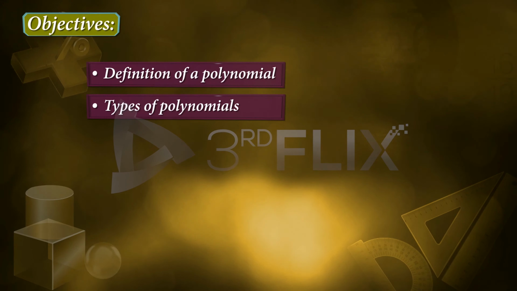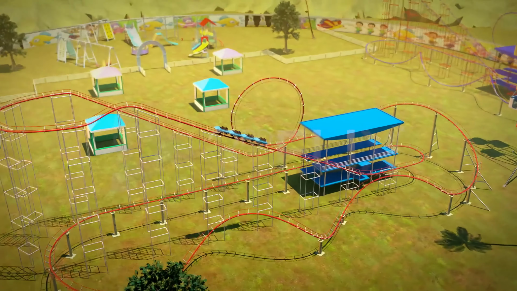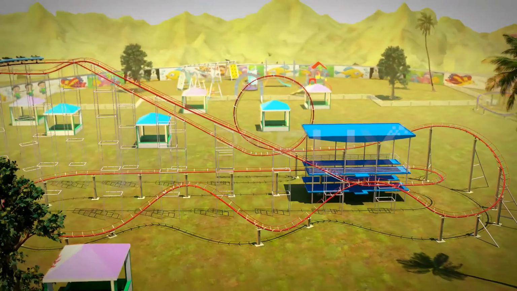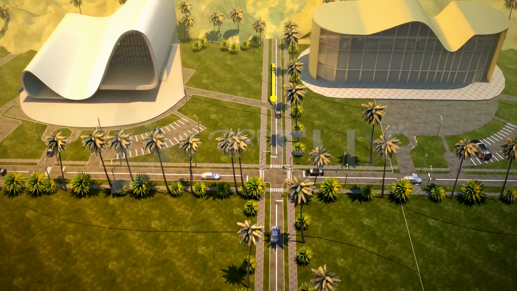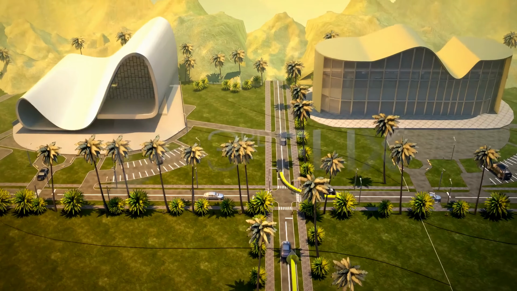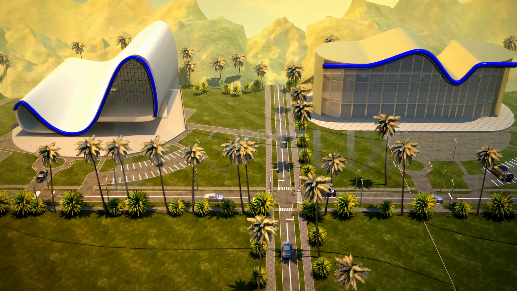Types of polynomials. An engineer designing a roller coaster would use polynomials to model the curves, while a civil engineer would use polynomials to design roads, buildings, and other structures.